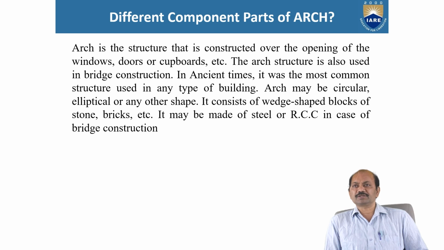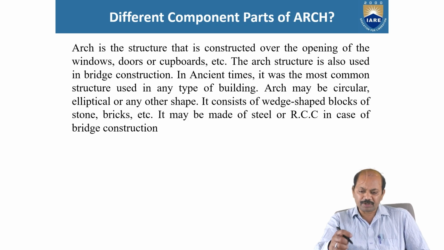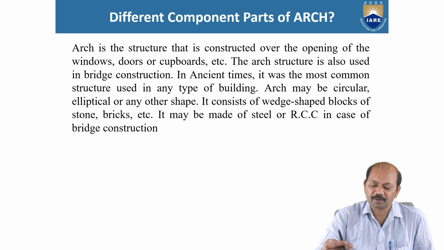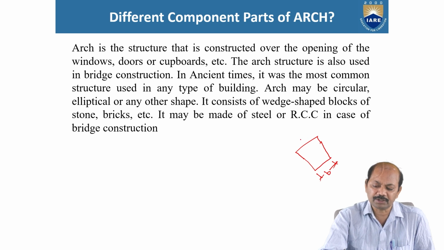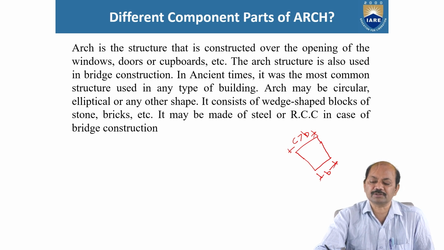But in olden buildings, it consists of wedge-shaped blocks. Wedge-shaped blocks means one side is less and the other side, maybe C, is greater than B. This dimension is less compared to this dimension.